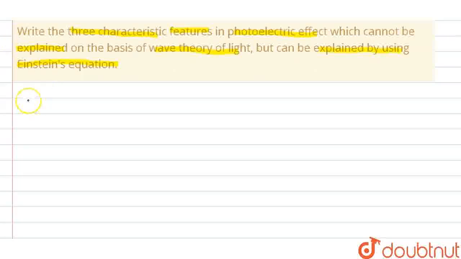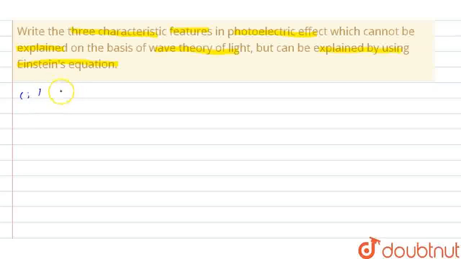The first one is that it could not explain the kinetic energy of emitted electrons because they were independent of intensity of incident light. Before it was thought that the intensity of the incident light increases the kinetic energy present in electron, but that was not true.